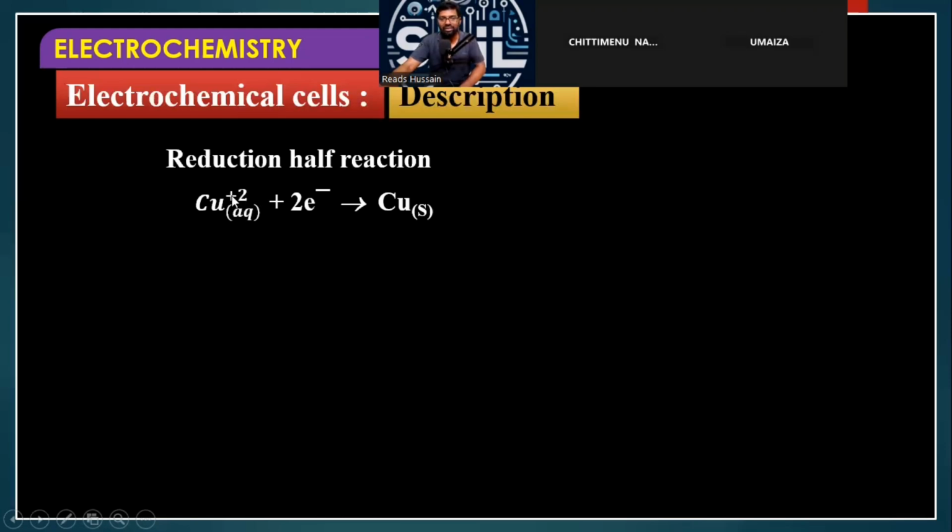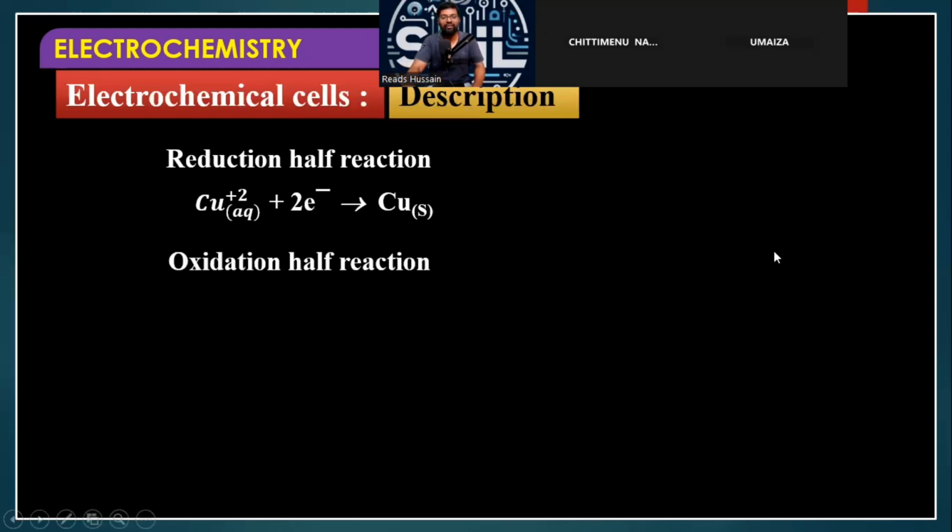Here the copper oxidation state is plus 2, and when it gains 2 electrons, it is neutralized. The plus 2 and the minus 2 cancel, and it becomes neutral Cu. So the oxidation state of copper is 0. This is called reduction: plus 2 here, 0 here. Reduce means becoming less.